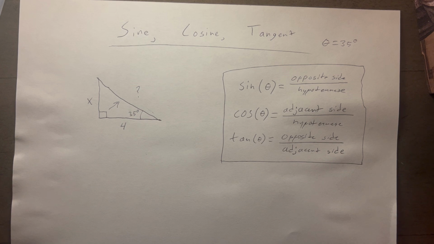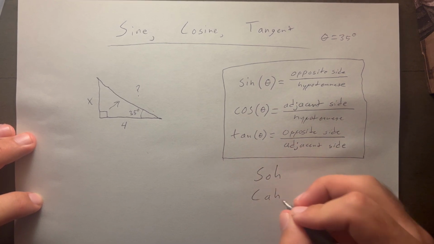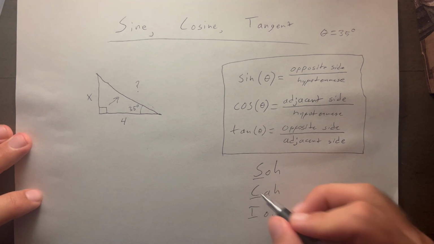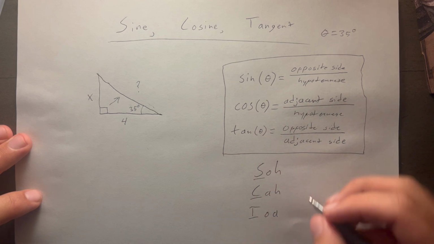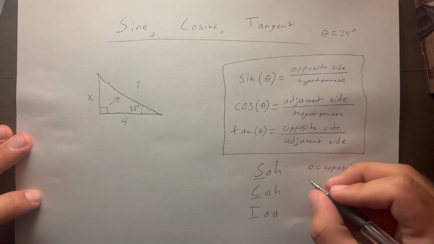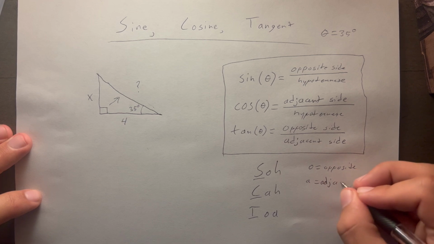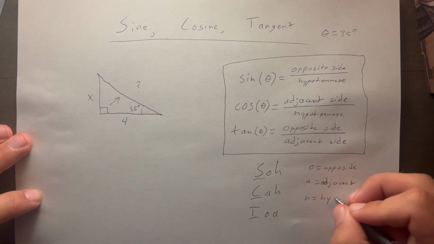The way I always learned it, I always just found this super easy, is the sound device SOHCAHTOA. So, SOHCAHTOA. Sine, cosine, tangent, and then the O is opposite, A is adjacent, and H is hypotenuse.